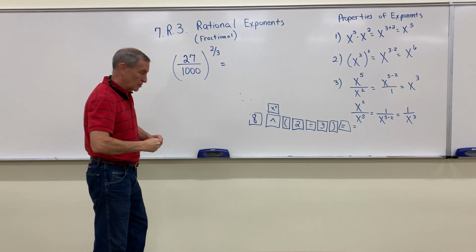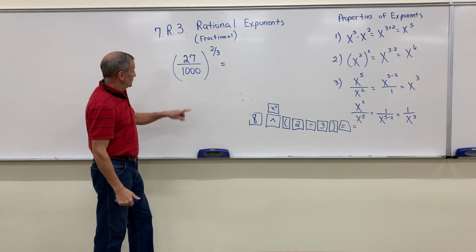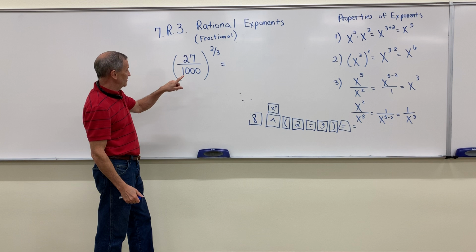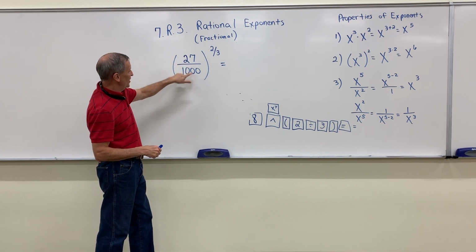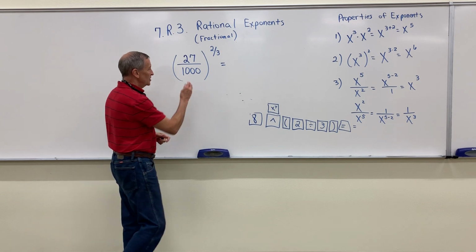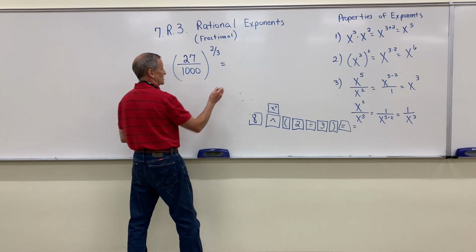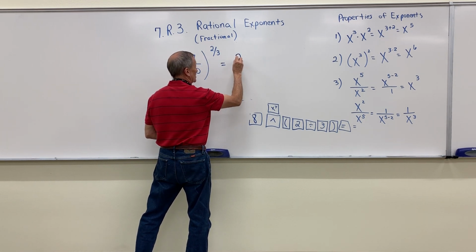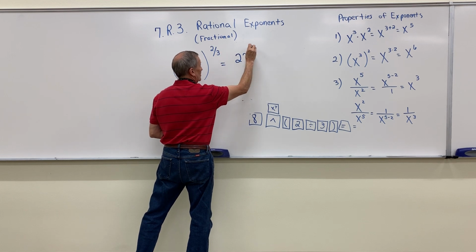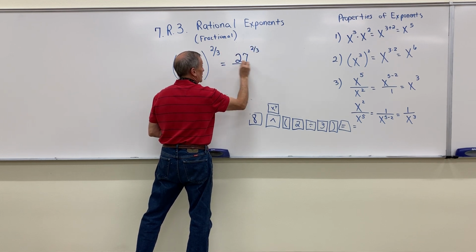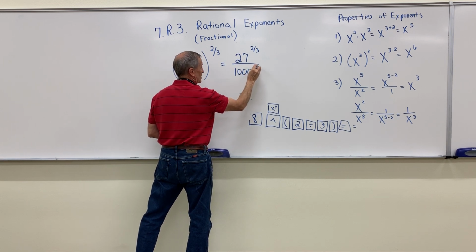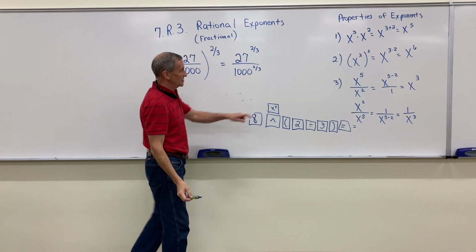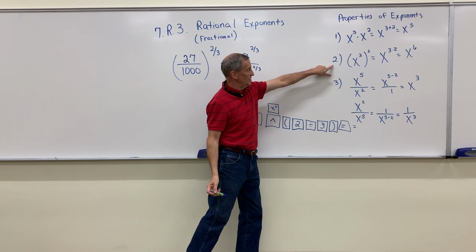All right, here's a good principle to remember. If you have a fraction to a power, you can re-express this as numerator to that power over the denominator to that power. And it's because of this property of exponents right here.